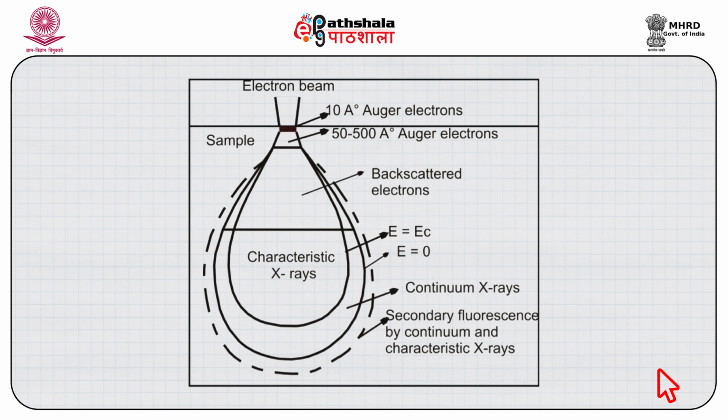Other than the secondary electrons, the other major effect of the inelastic scattering is generation of X-rays. Now, these X-rays are of two types.